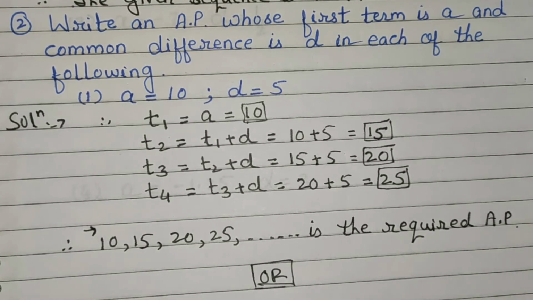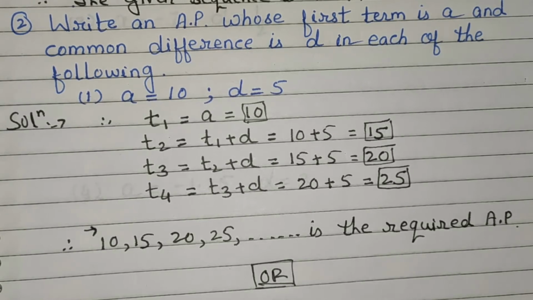Now look at this. We get T1 is equal to a is equal to 10. The value of T1 is 10. Now T2 can be written as T1 plus d, or you can say that a plus d. Now substituting the values here, 10 plus 5 we get 15.